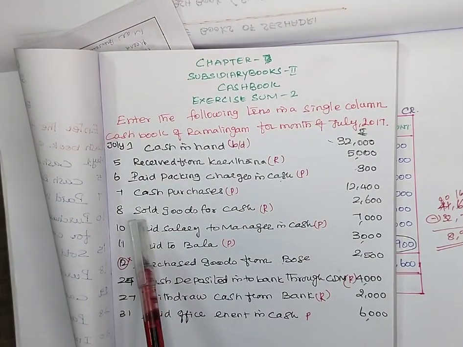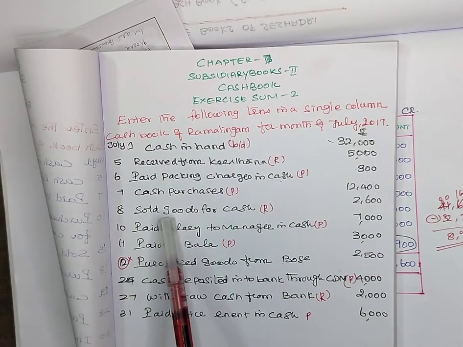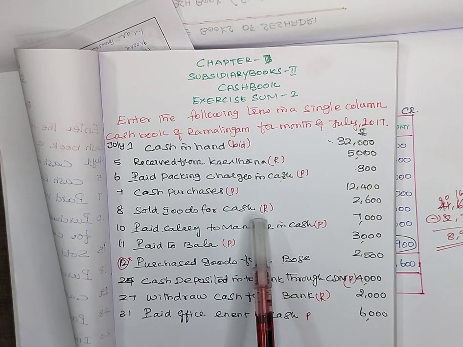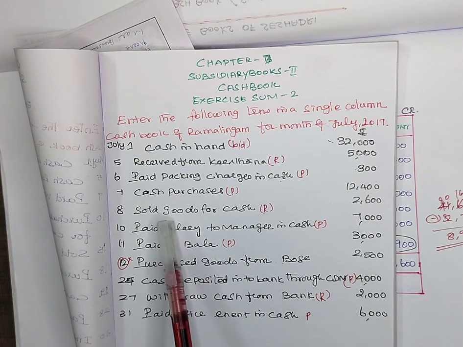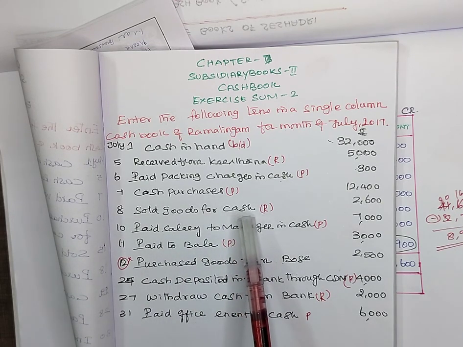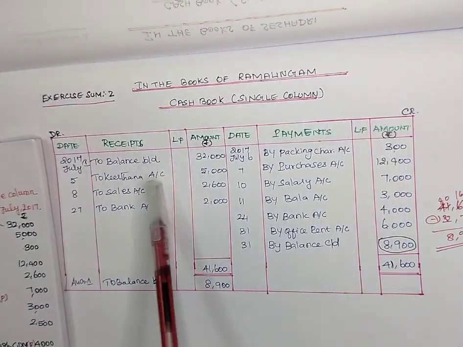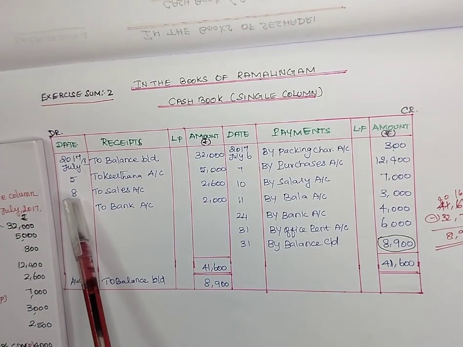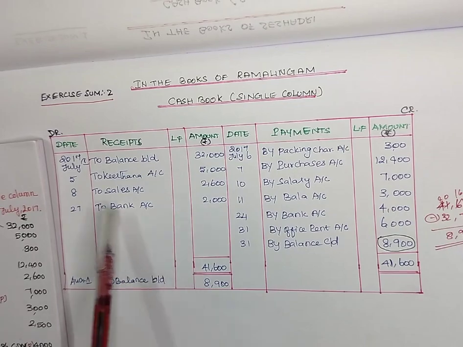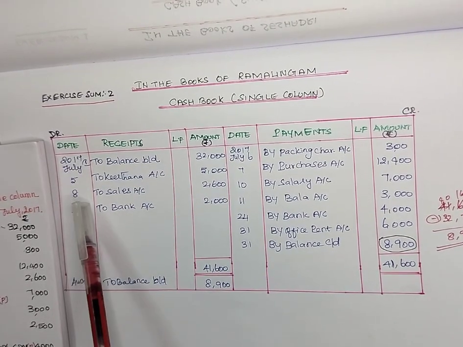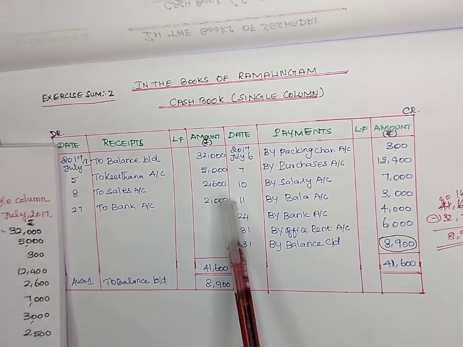In another way, what is the journal entry for sold goods for cash? Cash account debtor to sales account, right? Cash is on the debit side, so you go to the debit side. The opposite account from the cash account is sales account. So dated July 8, to sales account 2,600.